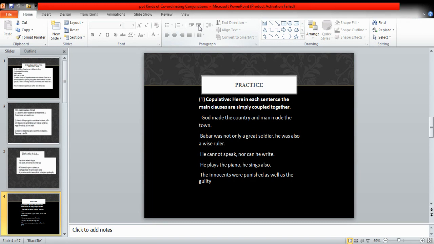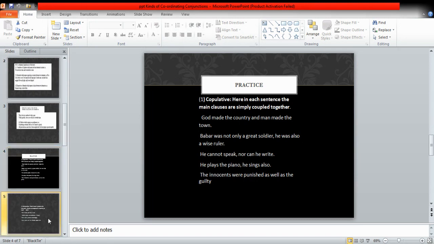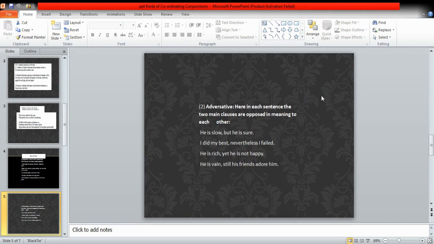The innocents were punished as well as the guilty. So in all these sentences, only two statements are there, which have been joined together with the help of a copulative conjunction.